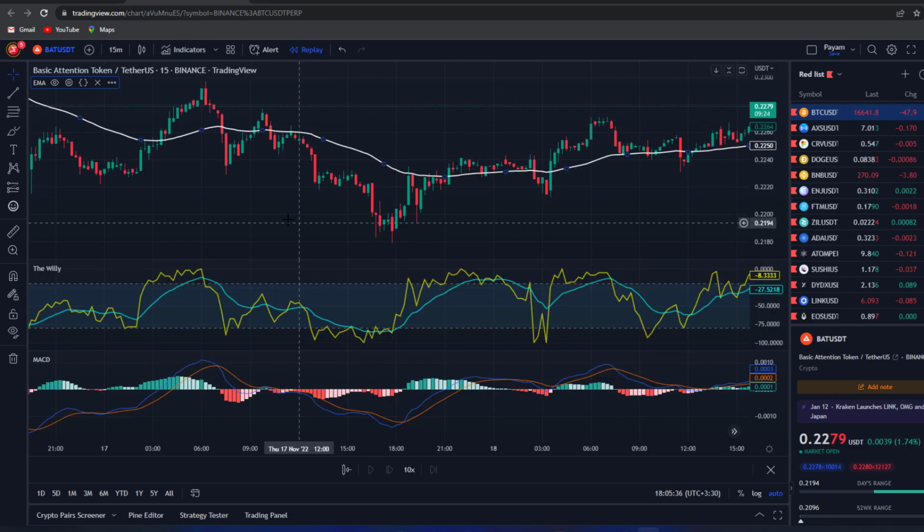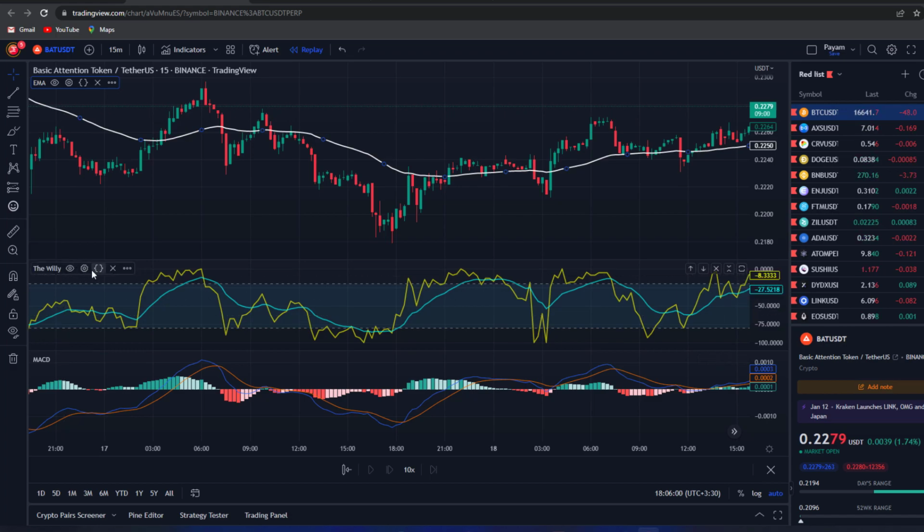The reason that I first added the EMA and then went to the other two is that it needed some changes in the input sections. These two, the Willy and MACD, don't need any specific changes to their inputs. It's just about the style.